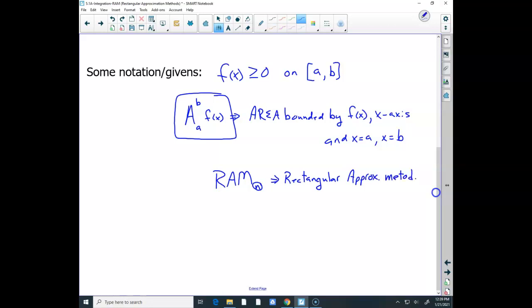And then you will notice many times there's going to be a letter in front of that: L for left, R for right, M for middle.